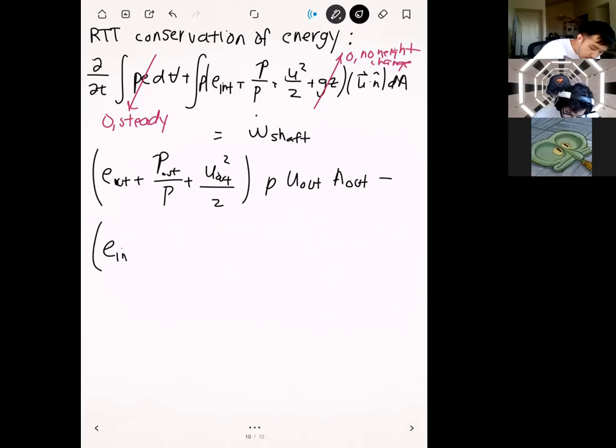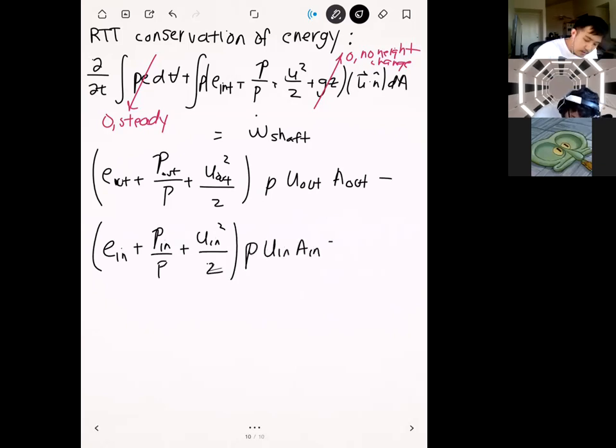So we have E in plus P in divided by rho plus U in squared divided by 2, rho U in A in. And all this is equal to W dot shaft.